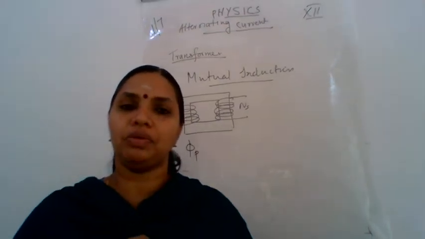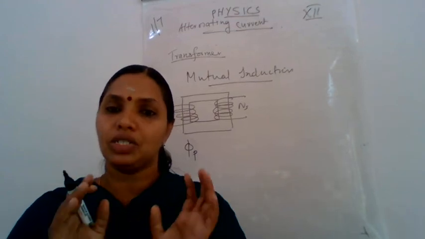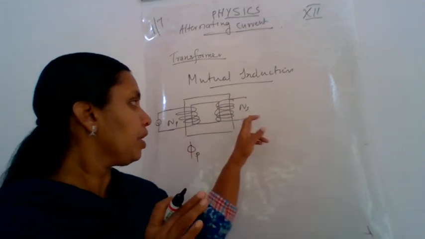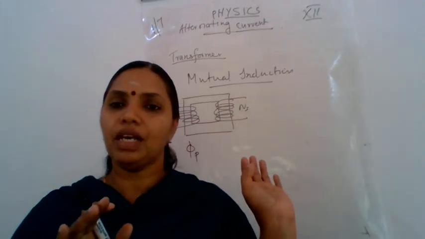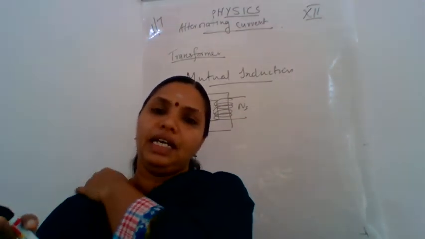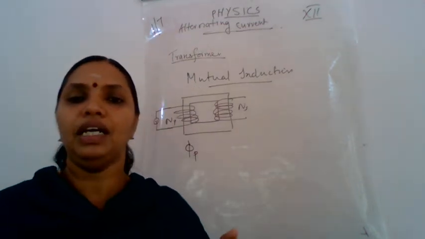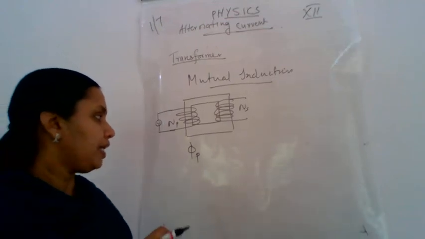What is an ideal transformer? Ideal transformer means there is no flux leakage, so whatever flux is produced in the primary is transferred to the secondary. Based on that assumption, we are going for the derivation.